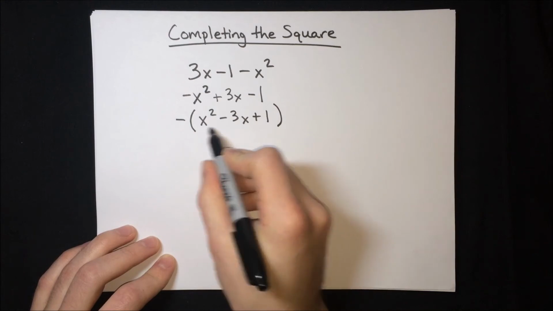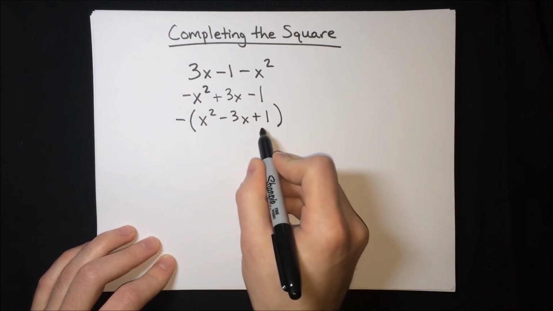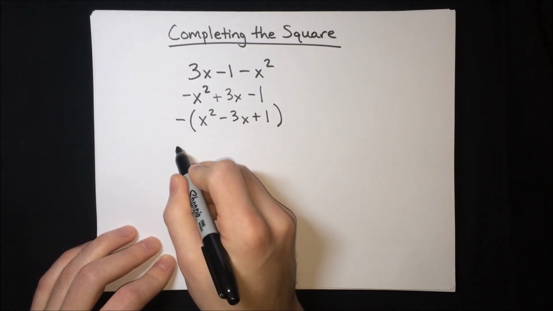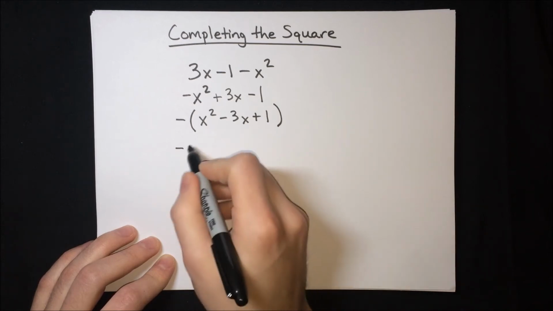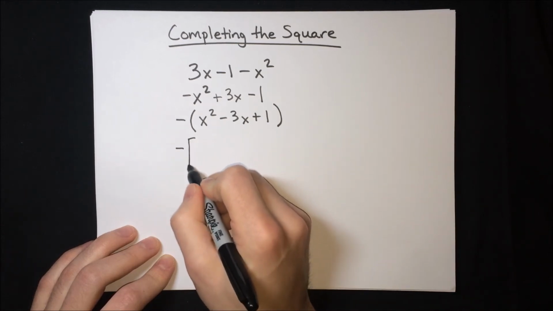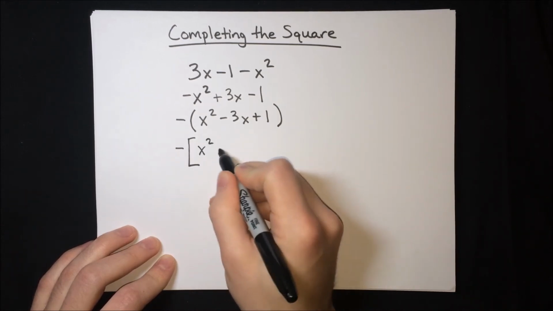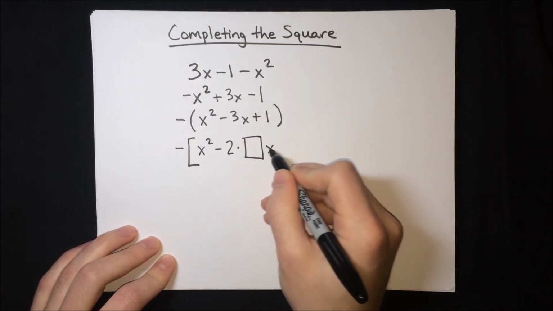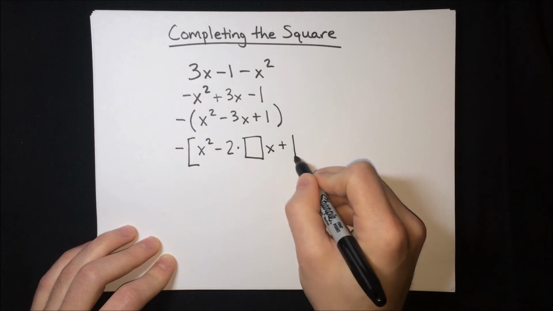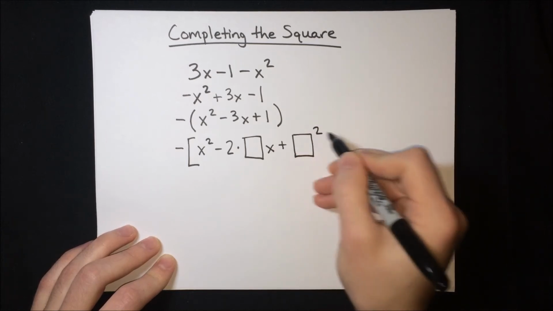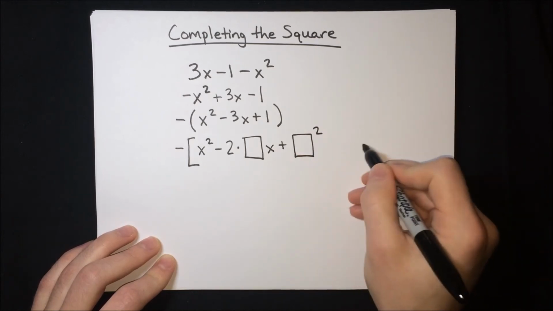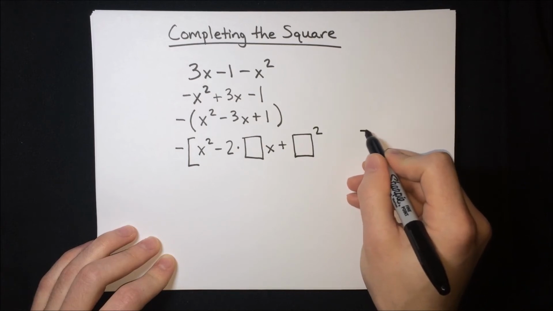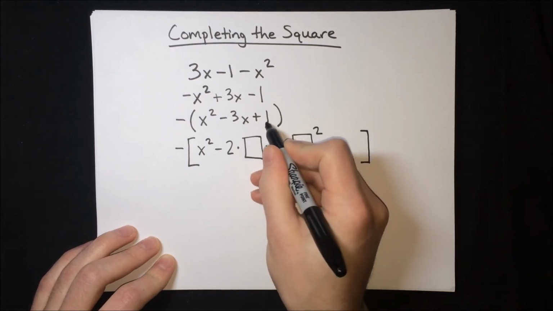And now what's inside of the parentheses, we can do completing the square on that. So let's set up our completing the square template. It's going to be x squared minus 2 times something x plus that same something squared, and then we'll leave a little bit of room because we're going to add or subtract the appropriate amount to get down to 1.